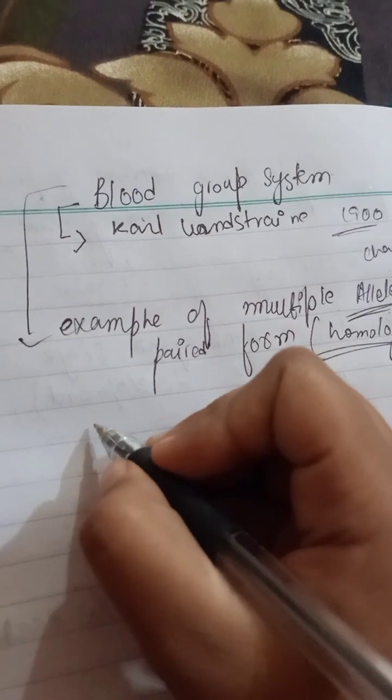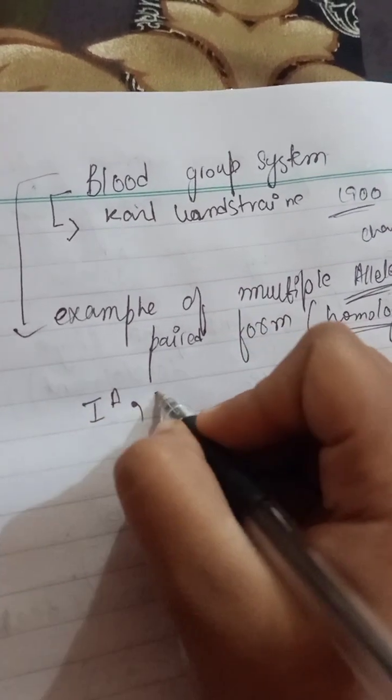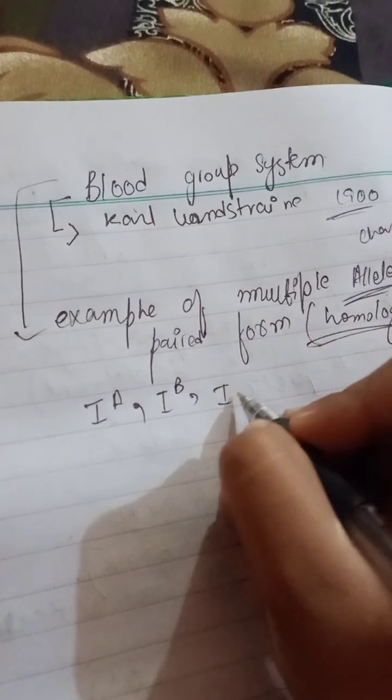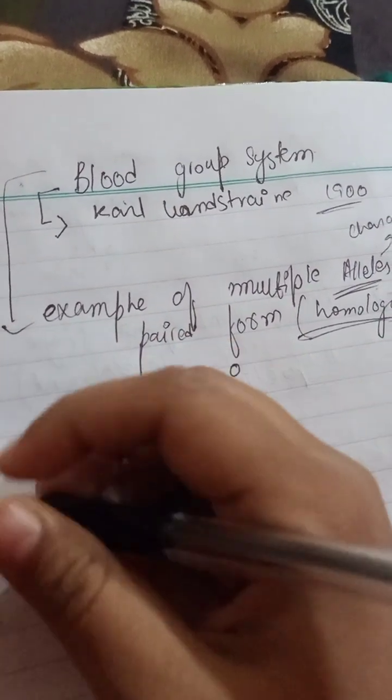For example, what is I? I is basically the antigen.